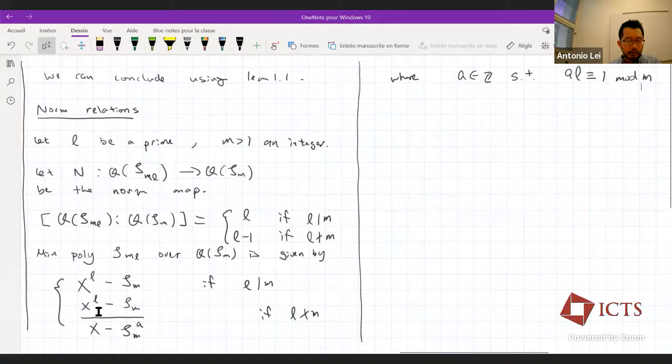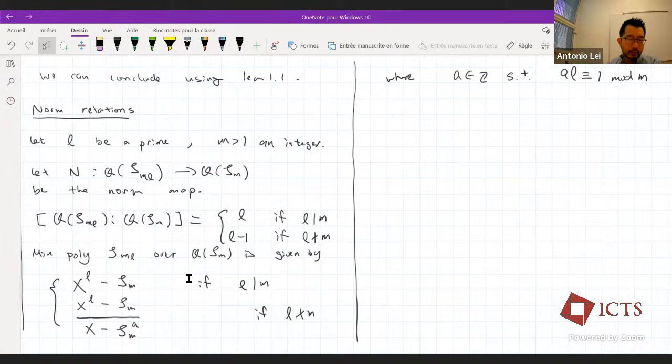So this shouldn't be in the minimal polynomial. So this is why when L does not divide M, the degree is only L minus 1 rather than L, whereas if L divides M, then you can show that actually every root of this polynomial is not in Q(zeta M). And so you have these two cases to consider, okay?